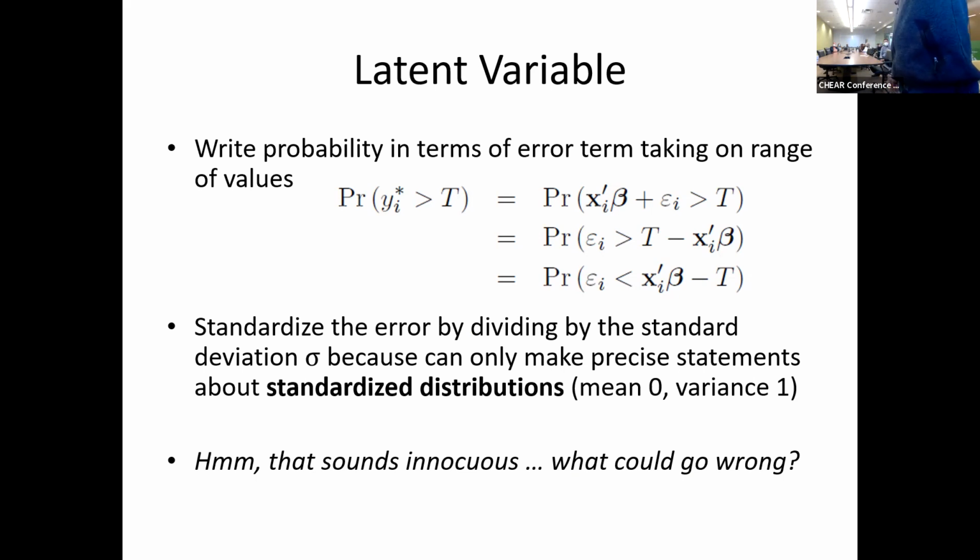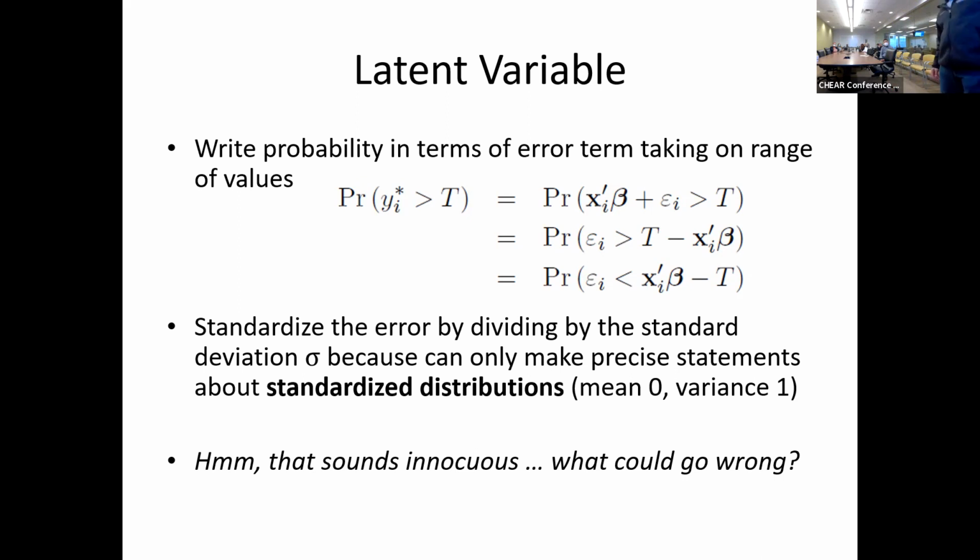The probability that a particular value, the error term, is less than a particular quantity is a nice standard statistical thing. This is a well-defined probability. If we give a distribution to the error term, then this becomes a cumulative distribution function.